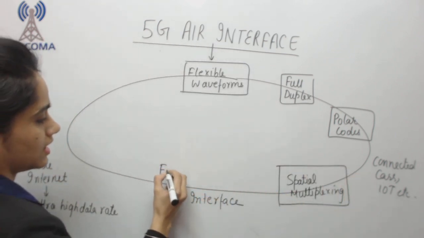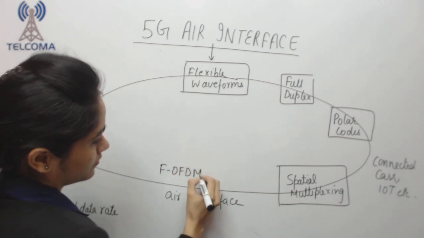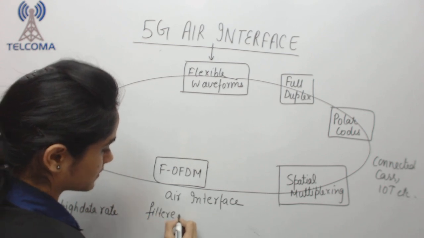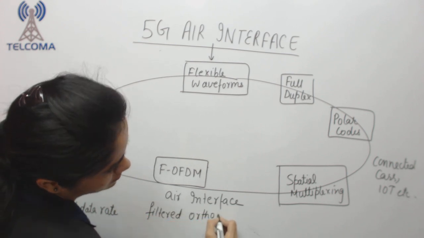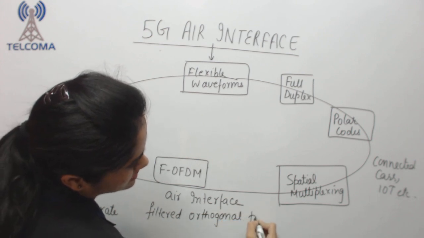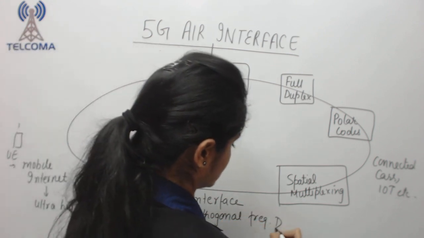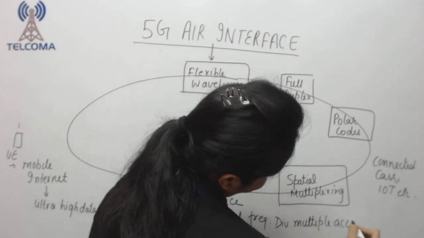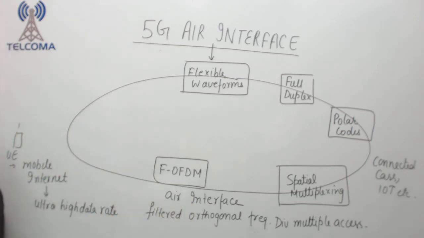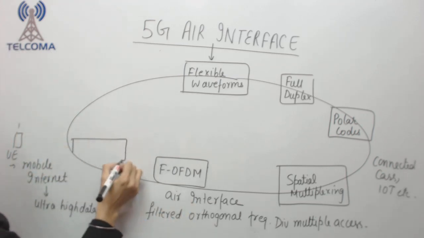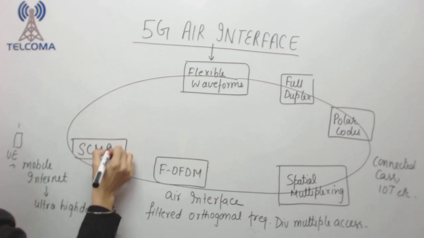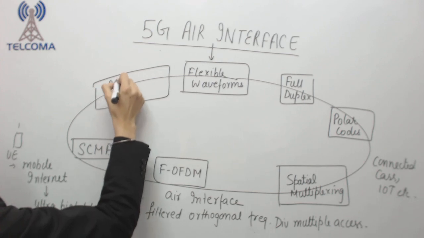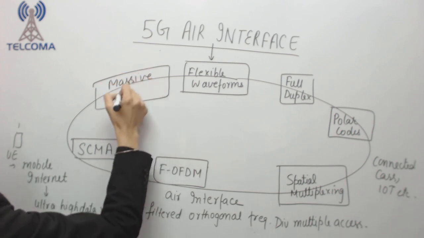We demand FOFDM, which stands for filtered orthogonal frequency division multiple access. We require sparse code multiple access, SCMA, and also, most importantly, massive MIMO, multiple input multiple output.